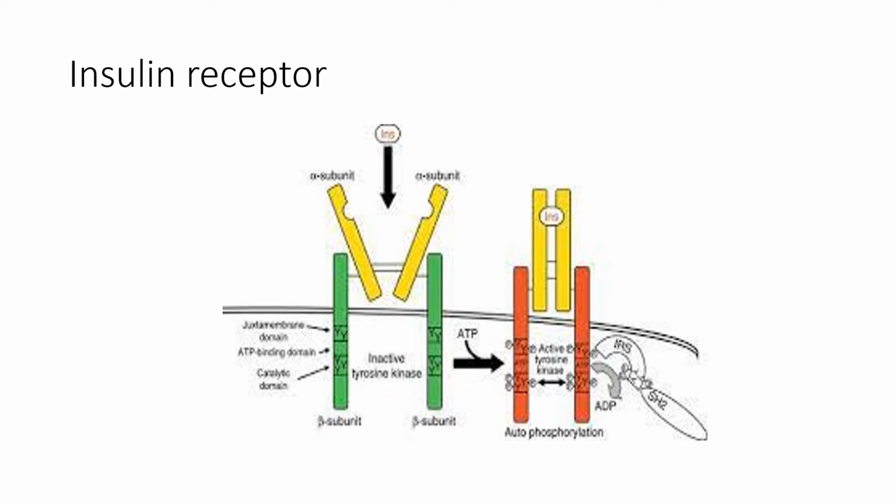A minimum of three tyrosines get phosphorylated, and only then will another kind of protein kinase become active. Okay, so this is one condition. This is the insulin receptor.